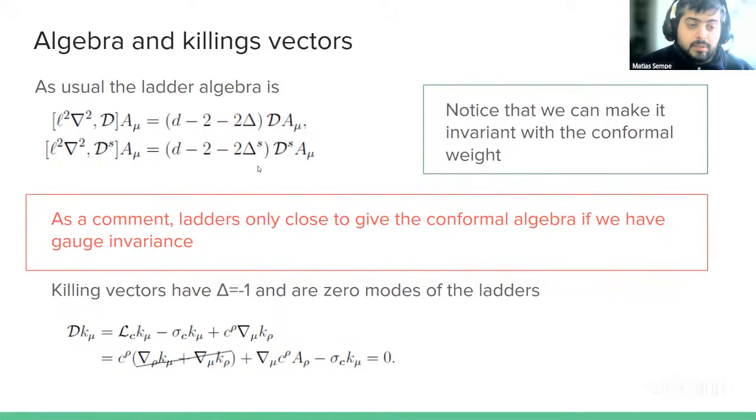The algebra is the same as always. We can see that it repeats itself, in the sense that we can pick the conformal weight as (d minus 2)/2. This happens for the boson, and will happen later for the graviton, and we get an invariance.